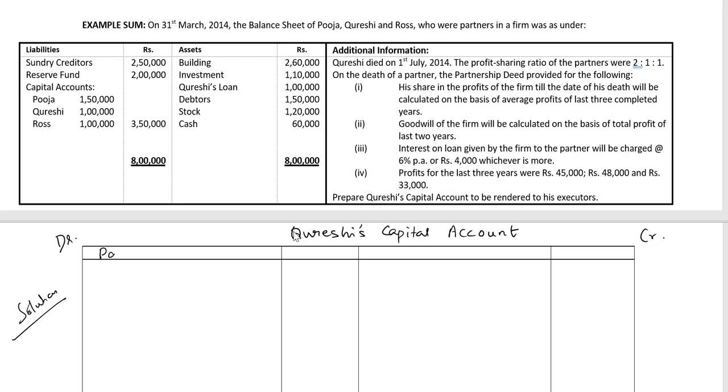We have particulars, rupees, particulars. We'll begin by bringing down the balance of Qureshi's capital account. By balance brought down, rupees 1 lakh.